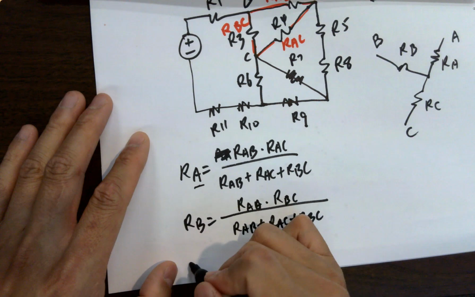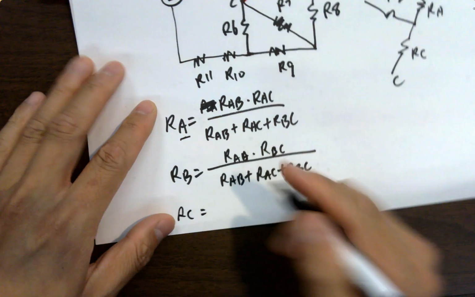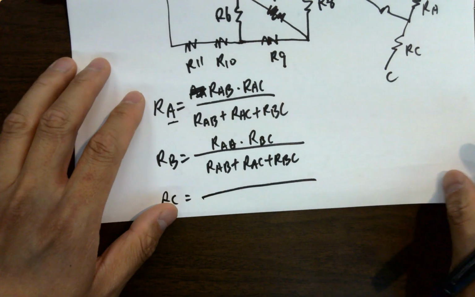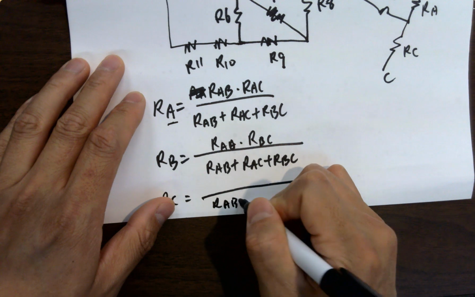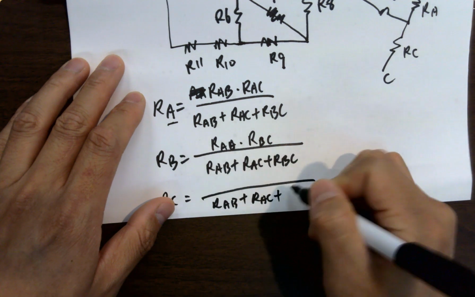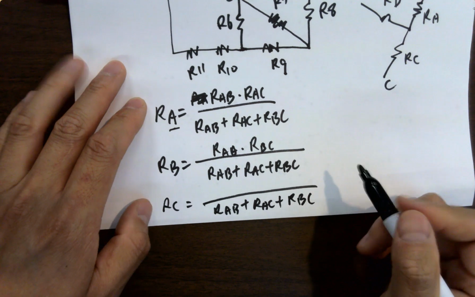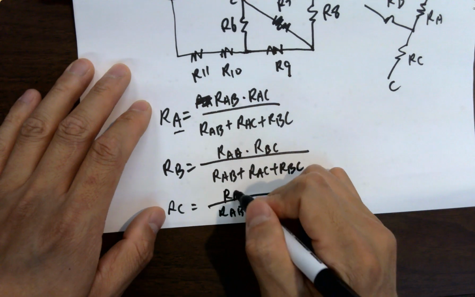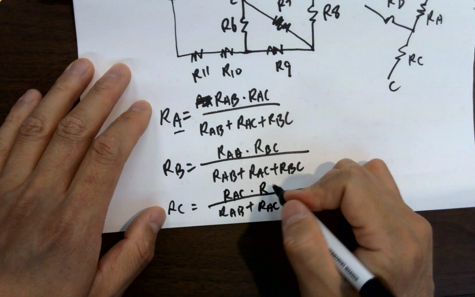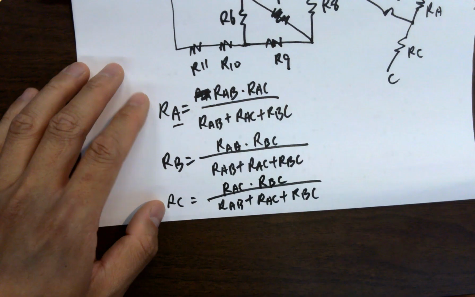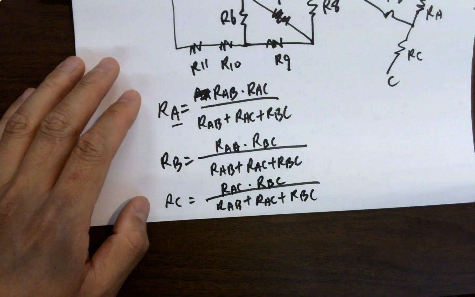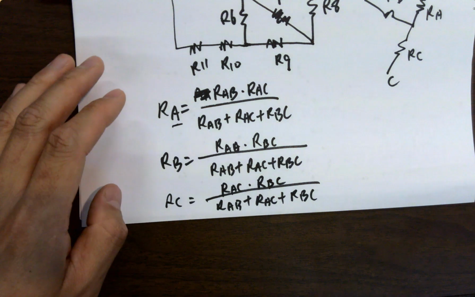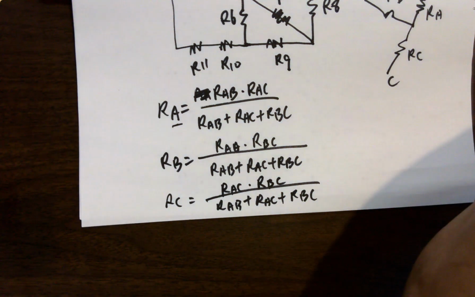What about RC? Same at the bottom: RAB plus RAC plus RBC. Right? Top, RAC times RBC. That's it.